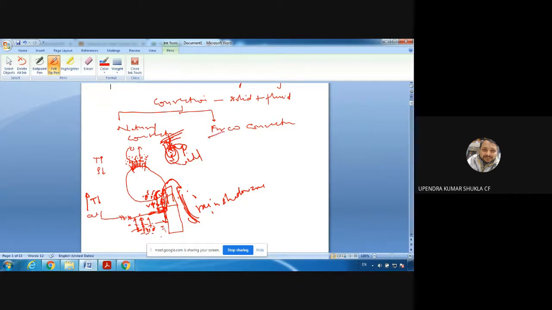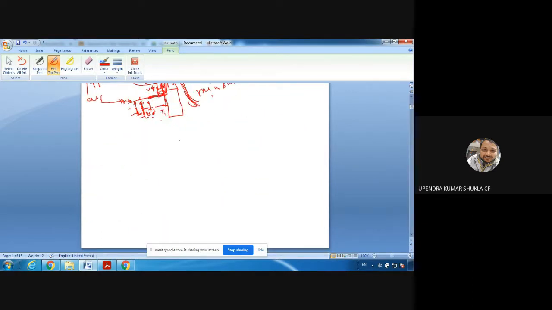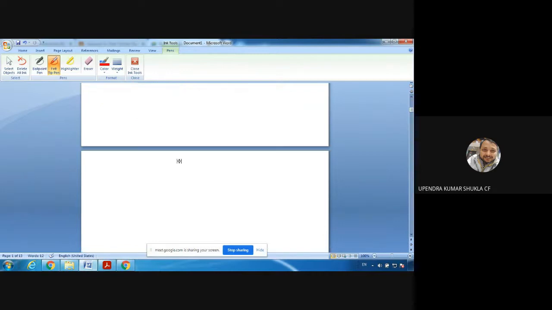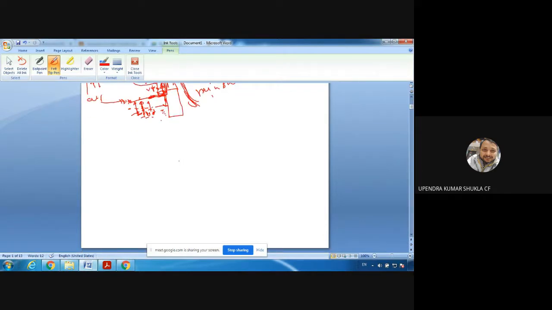Now let's take the forced convection example. In the natural convection example, what happened? You have the hot surface, and the air molecules near the hot surface, due to high temperature, their density will decrease, so they will rise up, and whatever cold molecules are there will go down.